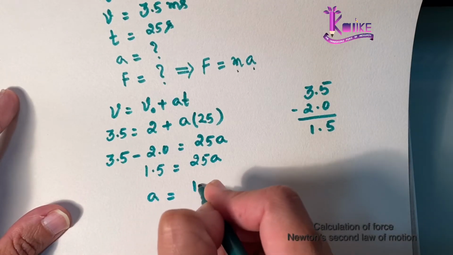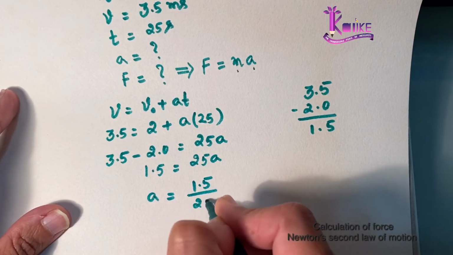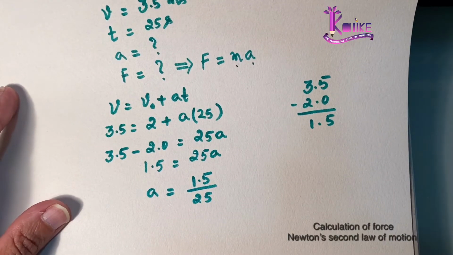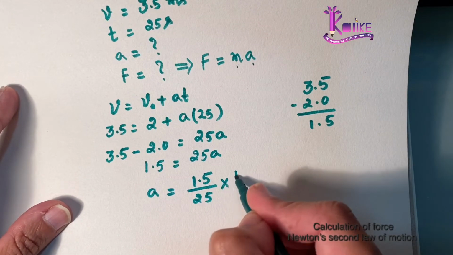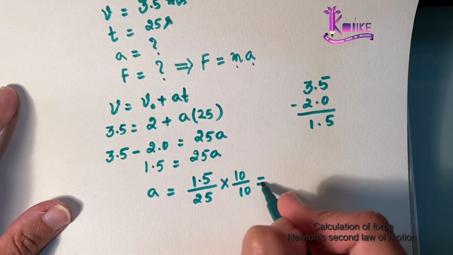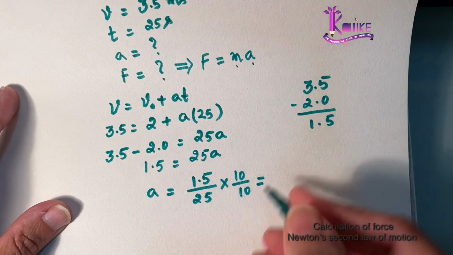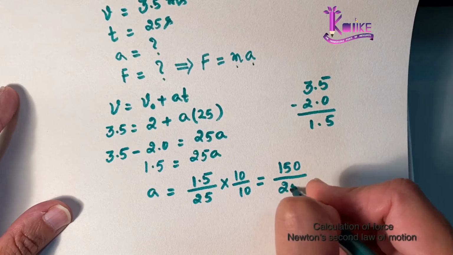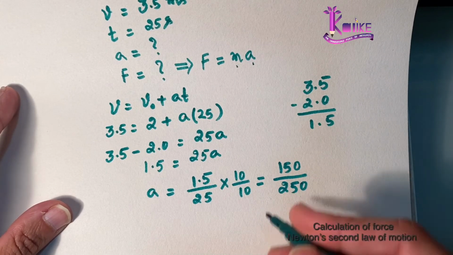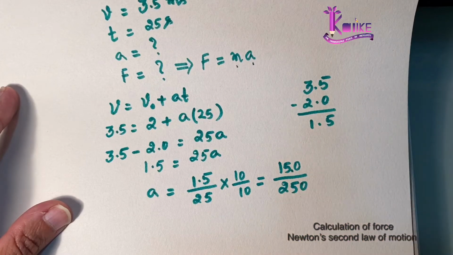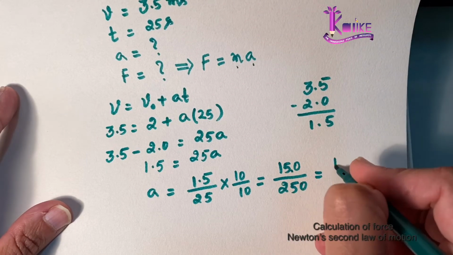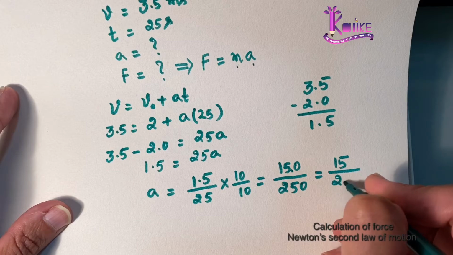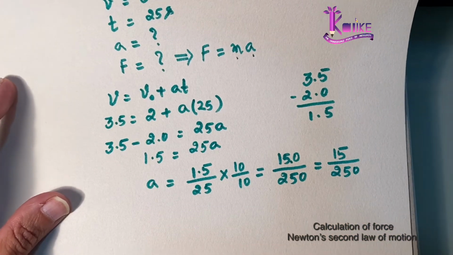A will be equal to 1.5 divided by 25. So what do you do when you have a decimal after a single digit? Multiply the numerator and denominator by 10 to eliminate the decimal. So this becomes 15 divided by 250, right?